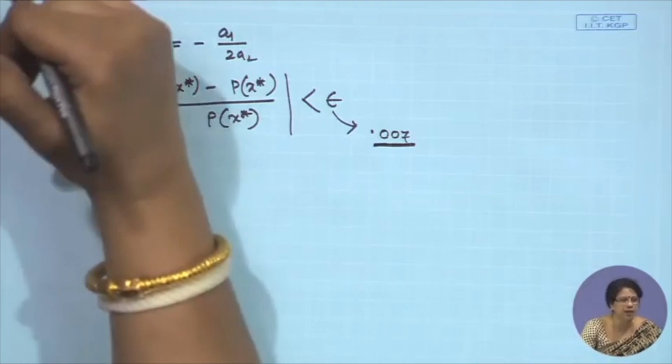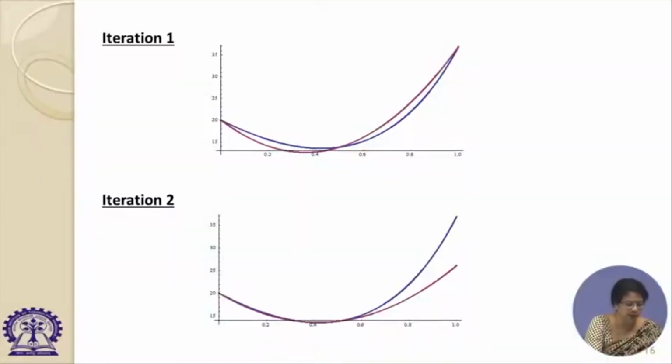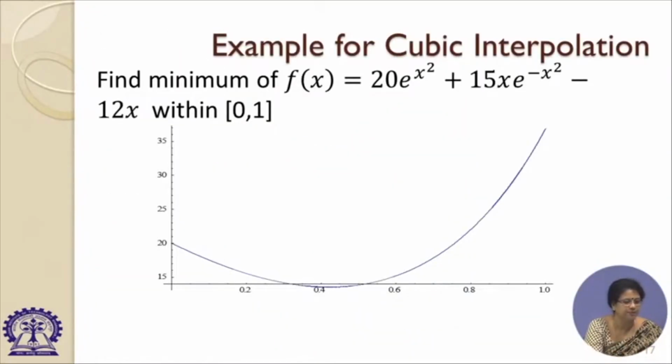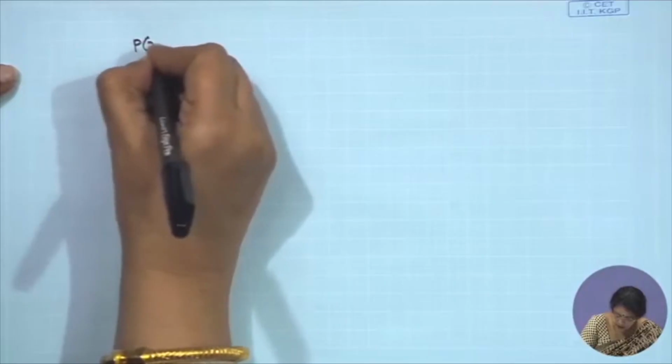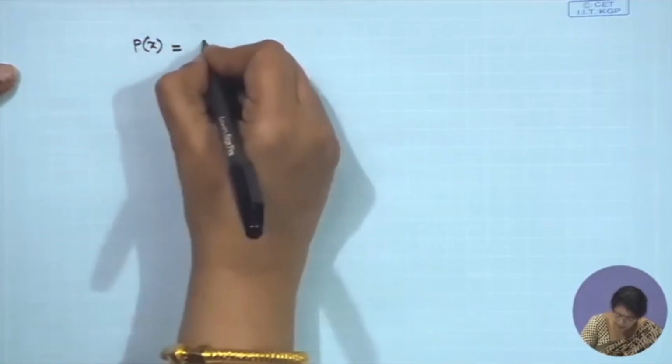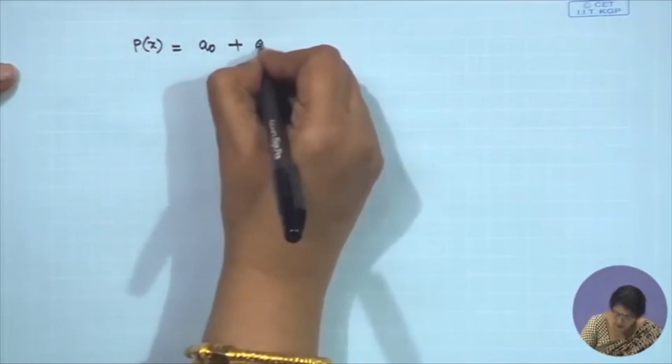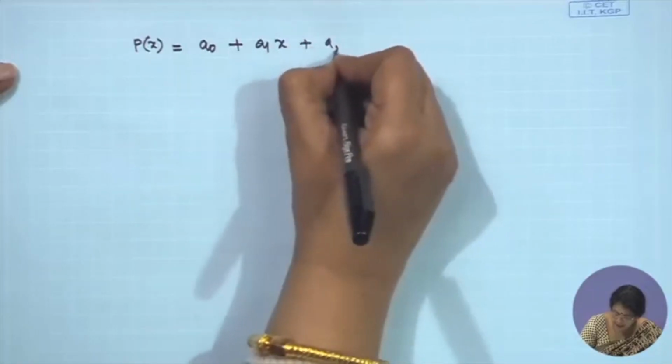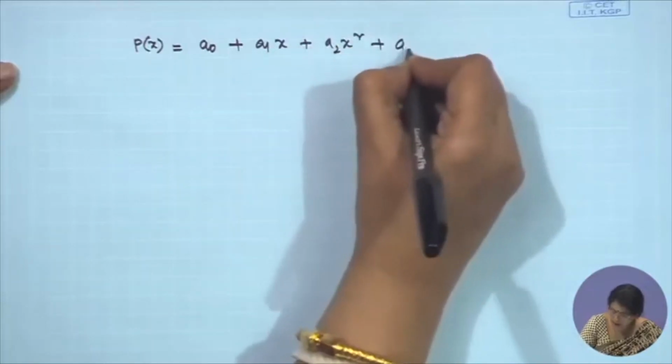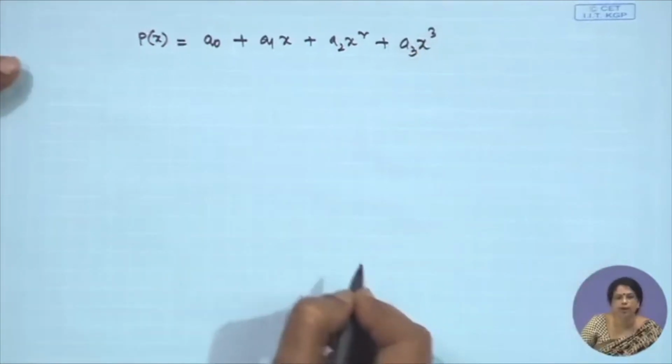In this way we do the quadratic polynomial interpolation, but if we want to interpolate a cubic polynomial for the same function, that also we can do. How can we do it? We will take the polynomial as a0 plus a1 x plus a2 x square plus a3 x cube.